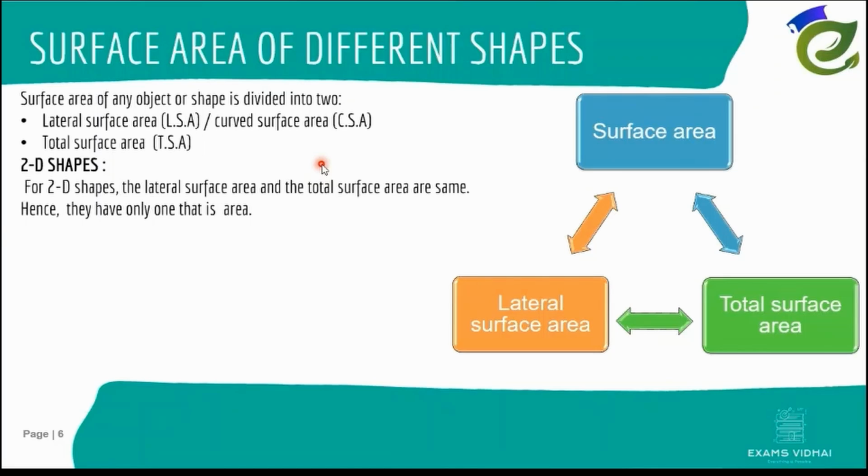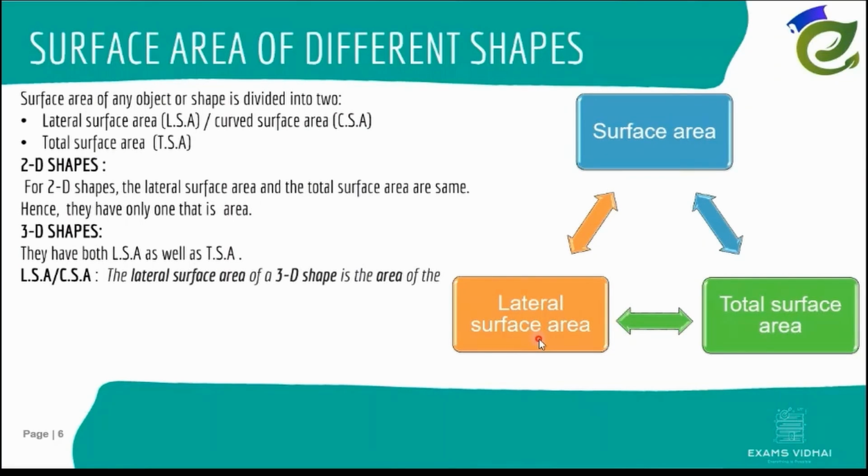Whereas 3D shapes have both LSA and TSA, that is lateral surface area and total surface area. The LSA is also called the CSA for some of the shapes which have a curve, like a cylinder.